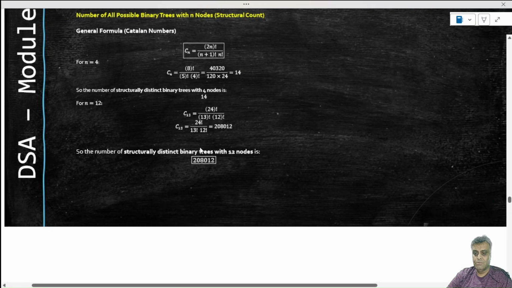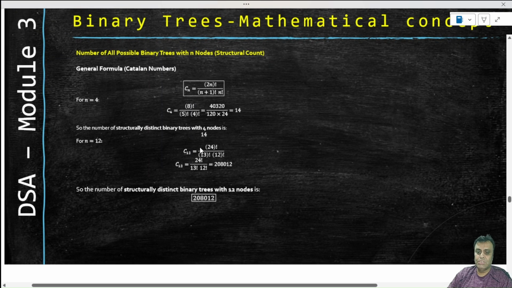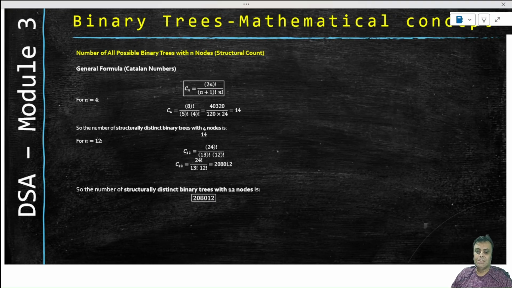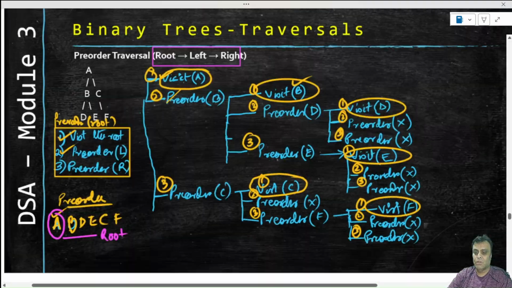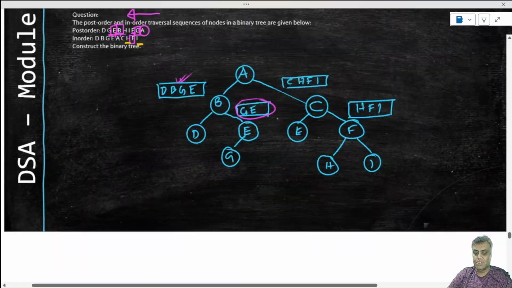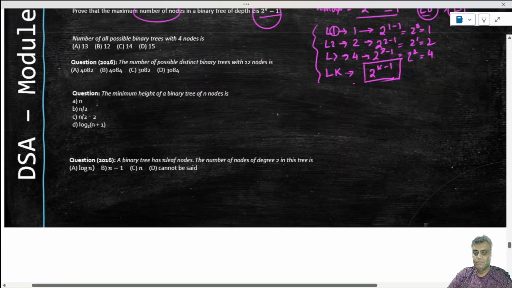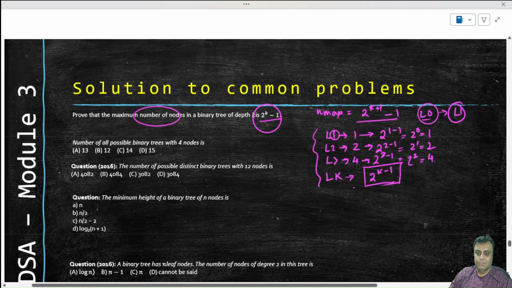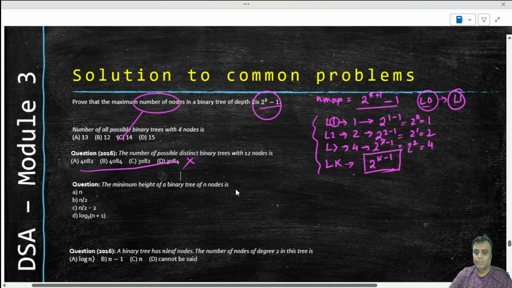Yeah. So 4 nodes is 14 and 12 nodes is a large number. So let us see if we have those options. There were 2 sums that came in the similar manner. 4 nodes is 14. So you have the answer. This is the 4 nodes. But here I don't think there are any large numbers. So I don't think these answers are correct. The 12 node answer we have already calculated at the top of it.